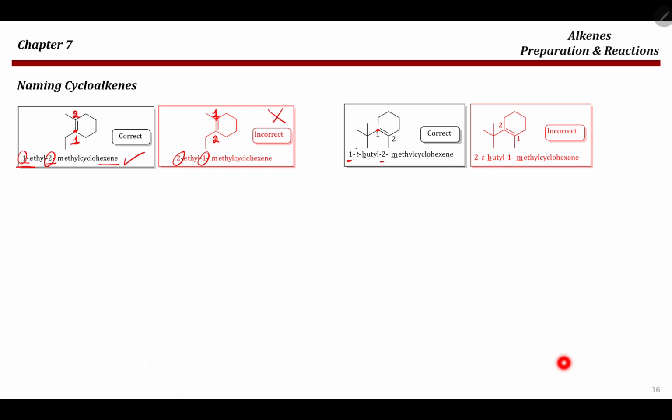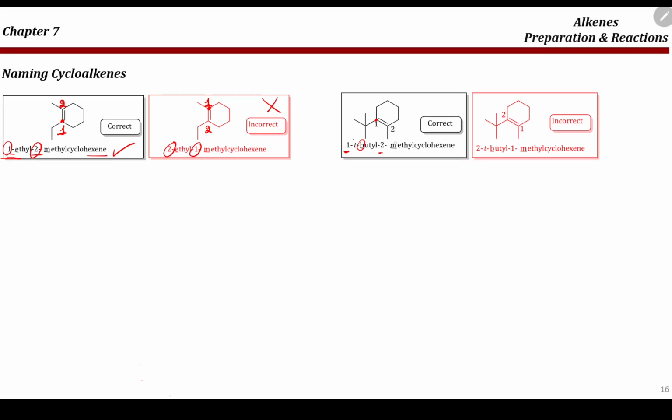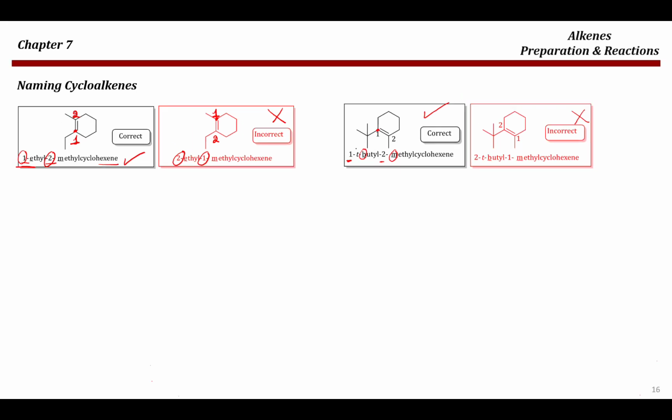Since tertiary butyl is written first according to alphabetical order, and remember, we are just looking at the letter B versus the letter M, then it should be given the smallest possible number, and that's why this is correct, this is incorrect. So whenever you have two branches at the double bond, then it's basically the alphabetical order rule which determines which way we are supposed to number the compound.